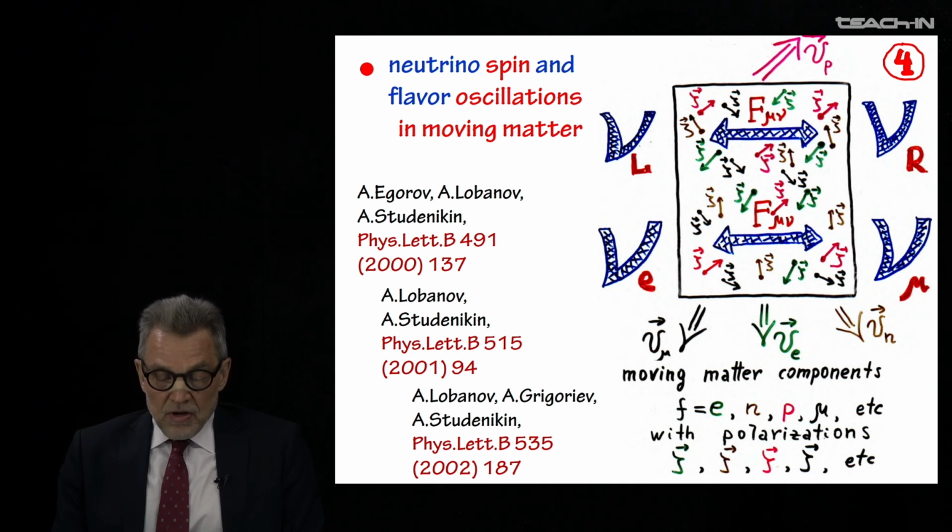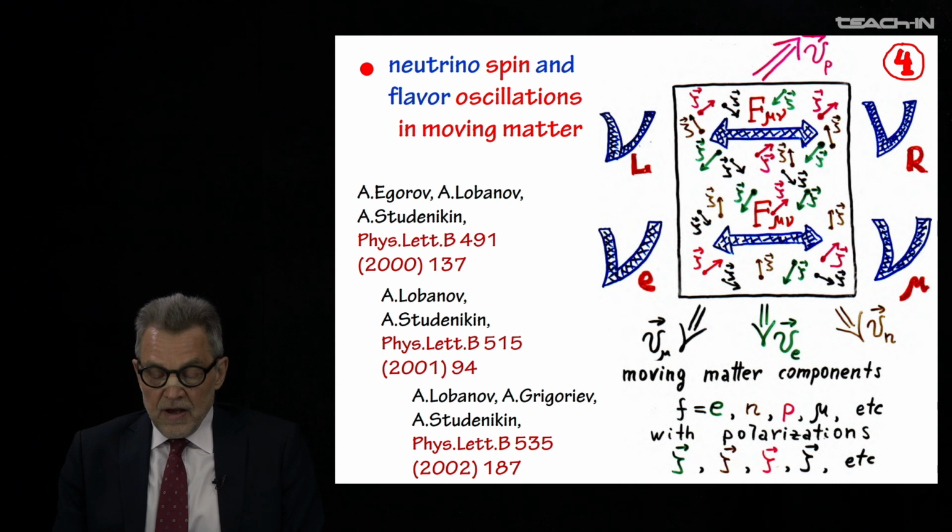We also account for the interaction of neutrinos, scattering of neutrinos on particles of matter. For simplicity, we suppose that matter is composed of electrons, neutrons, protons, maybe muons, and other particles. We characterize each matter component by the invariant number density of these particles, and we also account for possible motion of matter as a whole. This is the average speed of motion of the electron component of matter.